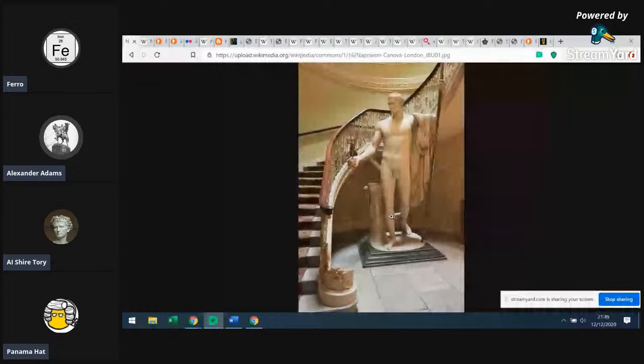I've heard another reason for the inclusion of connector pins or bars or struts, and that is that many of the Roman copyists were actually Greek, working in Greek workshops, and then they were shipping their works to Italy.